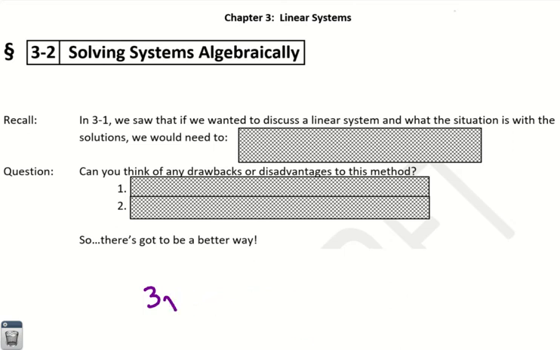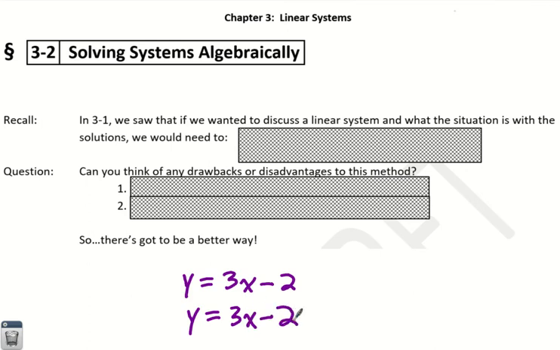But with a system of equations, let's say your system ended up being y equals 3x minus 2, and the other equation was basically also 3x minus 2, perhaps given as something in disguise, but basically the same thing. This system has infinitely many solutions, but that doesn't mean that every single xy pair is a solution.